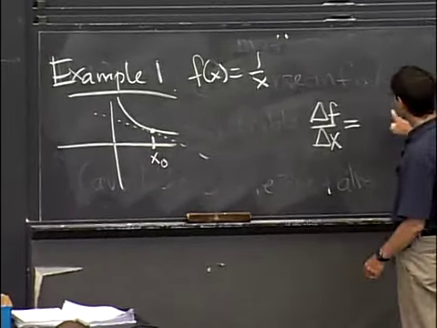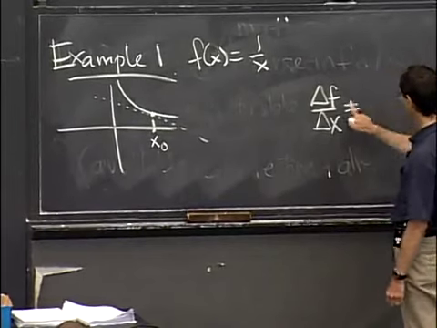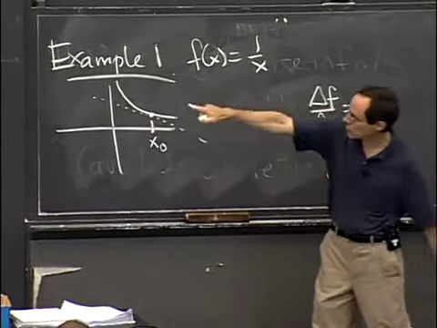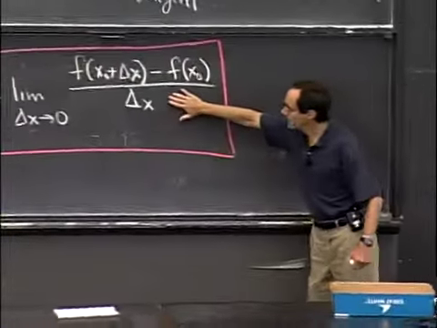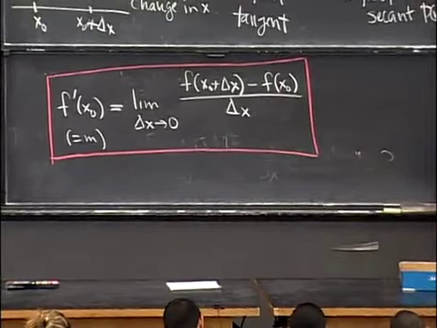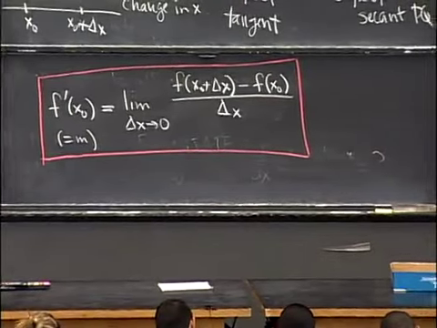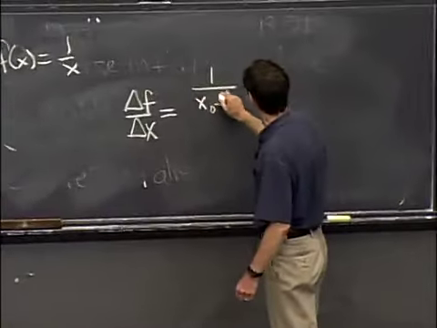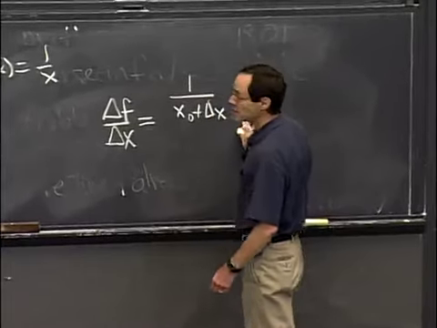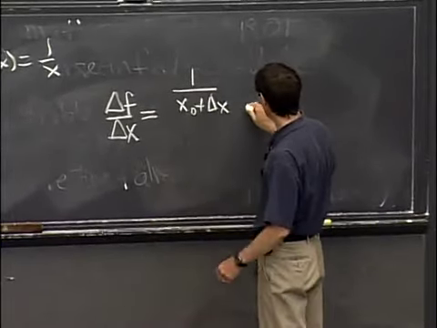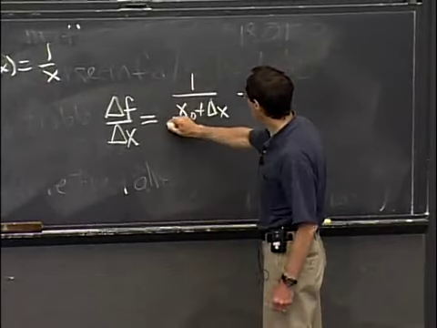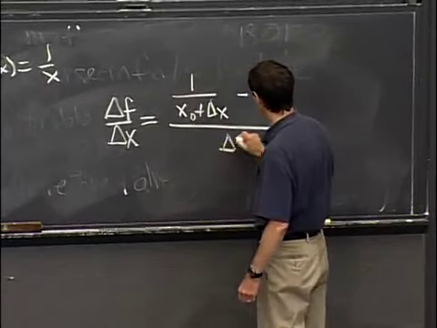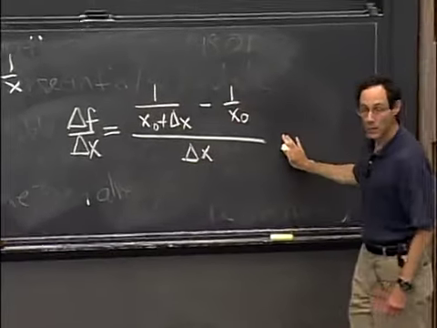So the value of f at the top, when we move to the right by delta x, I just read off from the formula. The first thing I get here is 1 over x0 plus delta x. That's the left-hand term, minus 1 over x0. That's the right-hand term. And then I have to divide that by delta x.